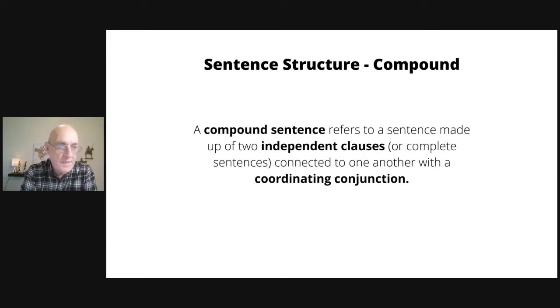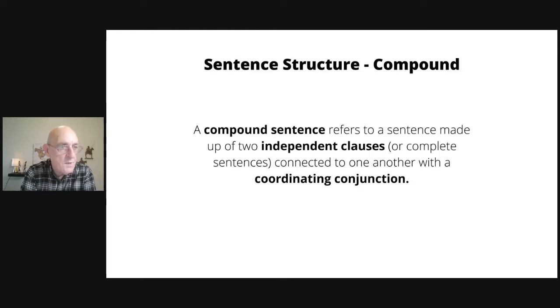The next type of sentence is a compound sentence. And a compound sentence refers to a sentence that's made up of two independent clauses, or another way to think of it, just joining together two simple sentences. So you can see how the simple sentence is the basic building block.